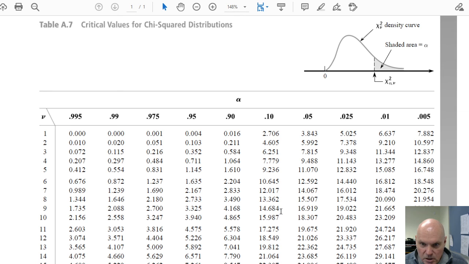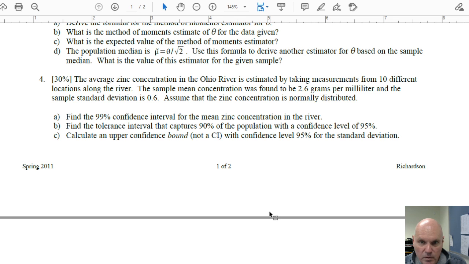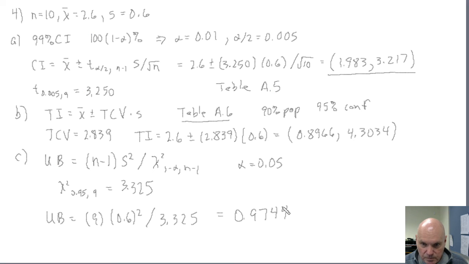We were actually asked, it wasn't the variance, right? It was the standard deviation. So this is an upper bound on the variance. The actual upper bound we're interested in is the upper bound on the standard deviation. So we need to take the square root of that.